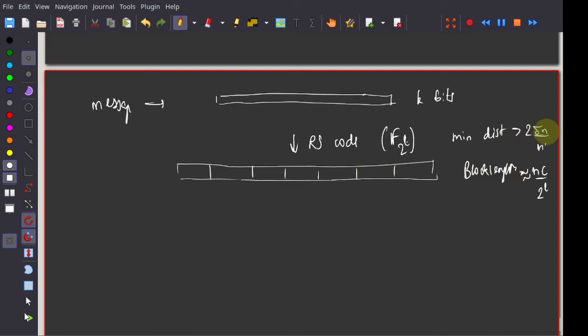I want a minimum distance which is approximately equal to this, but delta is something which shrinks as n tends to infinity. So really the minimum distance is tending to 0 as n tends to infinity. So the rate of this particular Reed-Solomon code, I can choose it so that the rate tends to 1 as n tends to infinity.